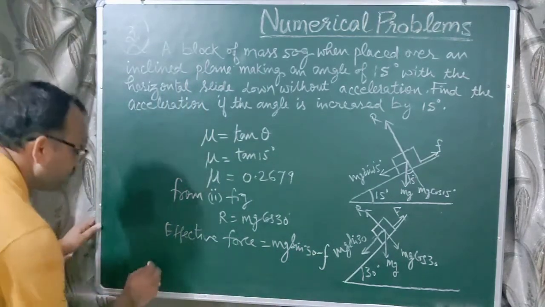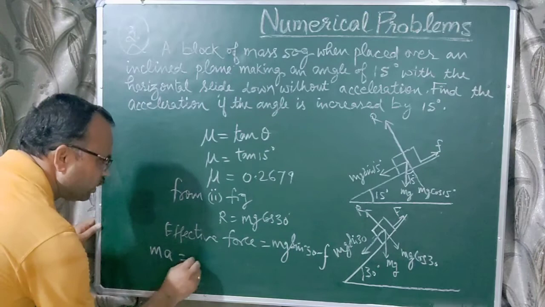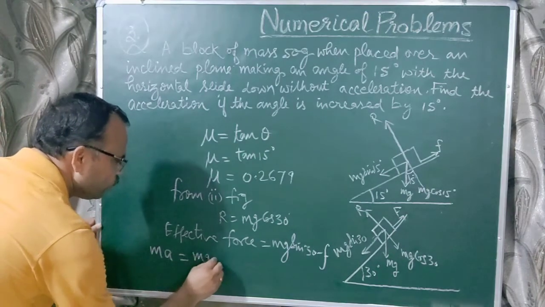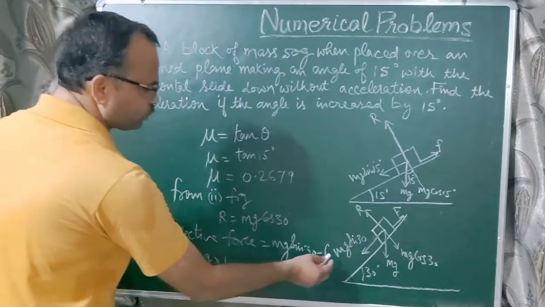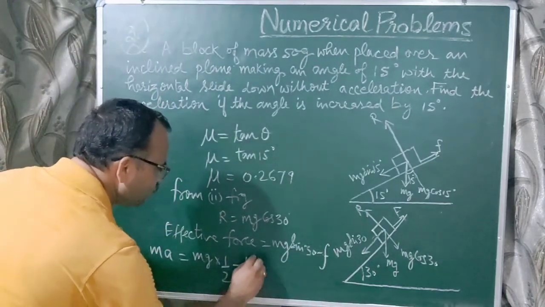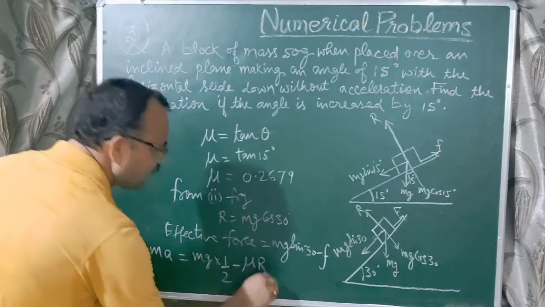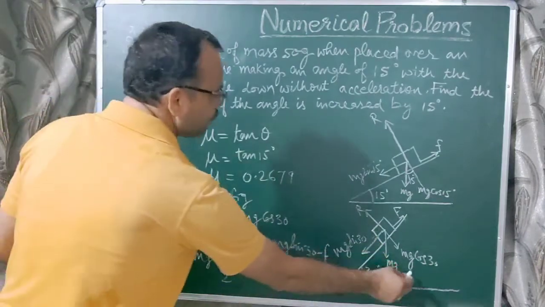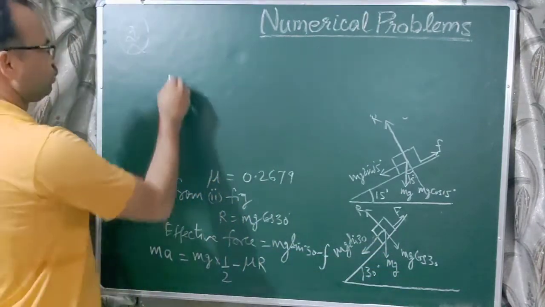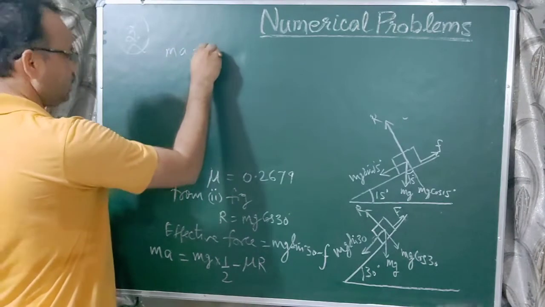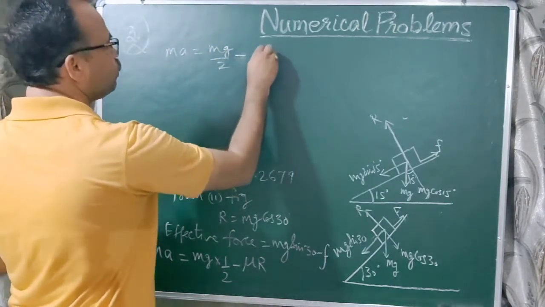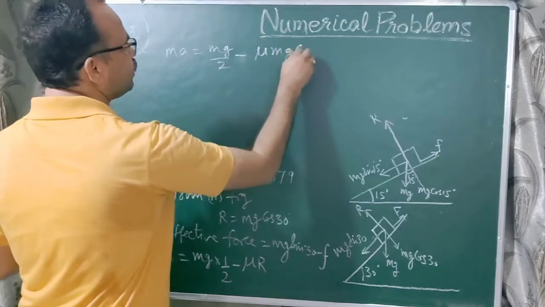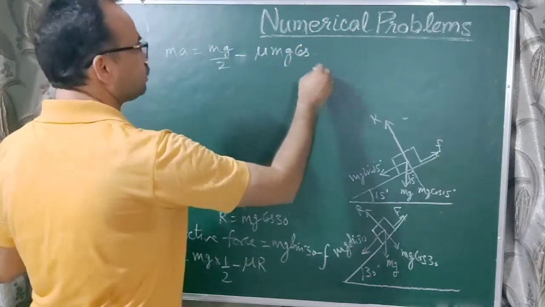This effective force is equal to ma, which equals mg times the value of sin 30, 1 by 2, minus the value of this force F, which equals mu into R, and the value of R is mg cos 30. So ma equals mg by 2 minus mu times mg cos 30.